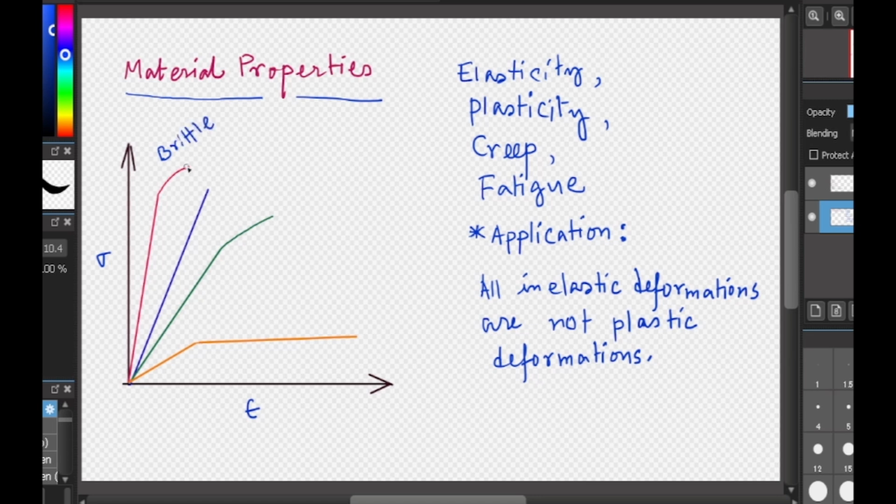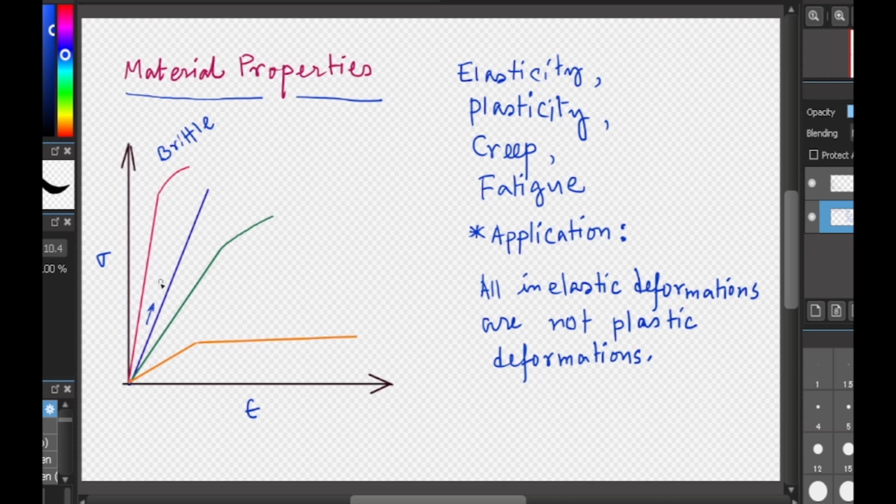I have exaggerated this top portion where you can see a clear deformation, although we know very well that the deformation length will not be that much. It will be a very short span of deformation at the end, and then a catastrophic or sudden failure occurs. The second one, the straight blue line, indicates linear elasticity.